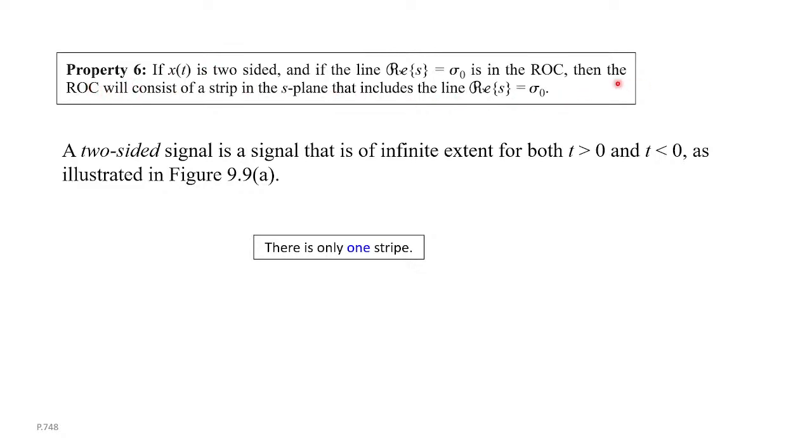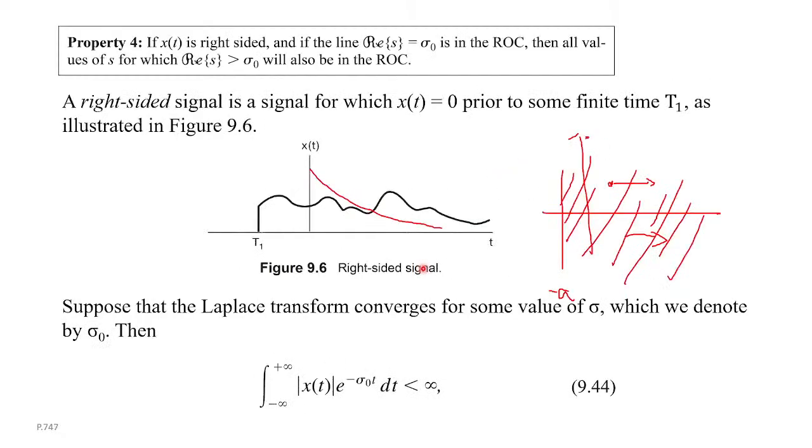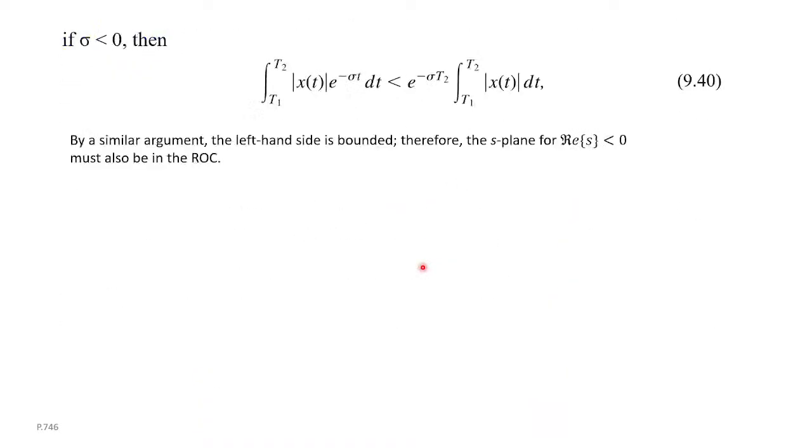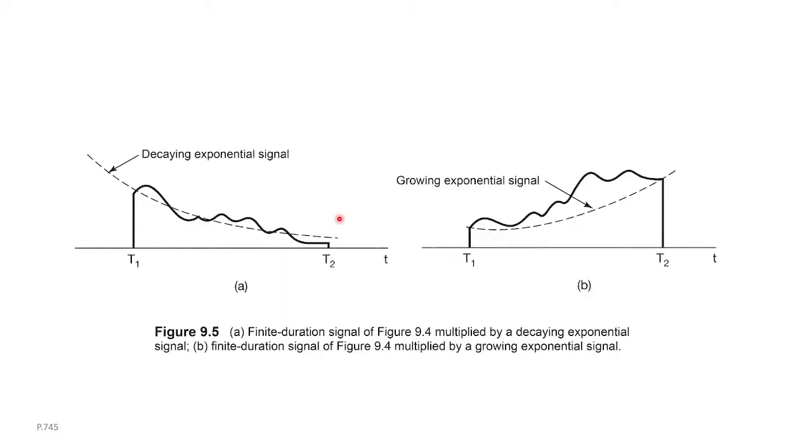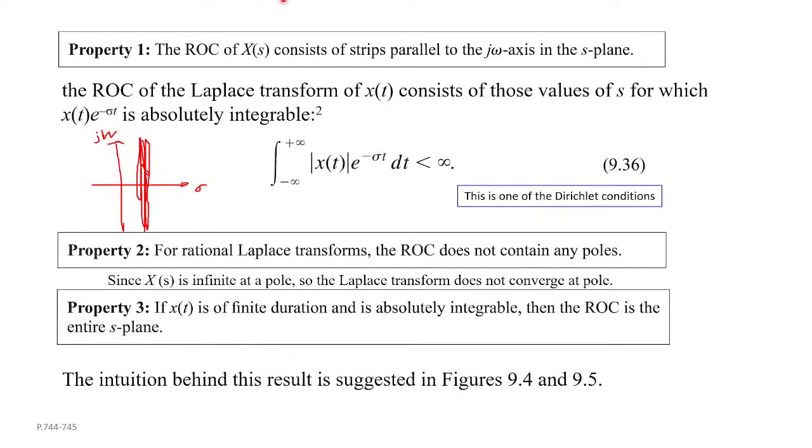And why is this surprising? The important thing here is this word "a": a strip means that there is only one strip. From all the properties we were talking about, only the first property says the ROC is a strip. For a two-sided function, everything else we talked about doesn't apply.